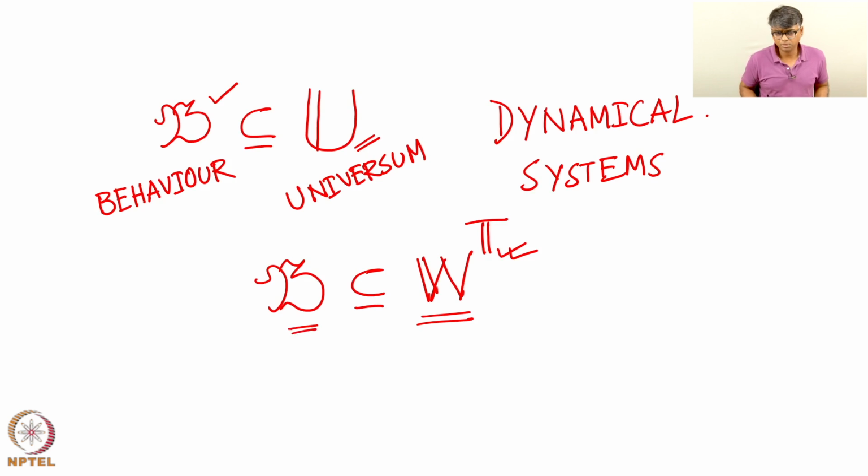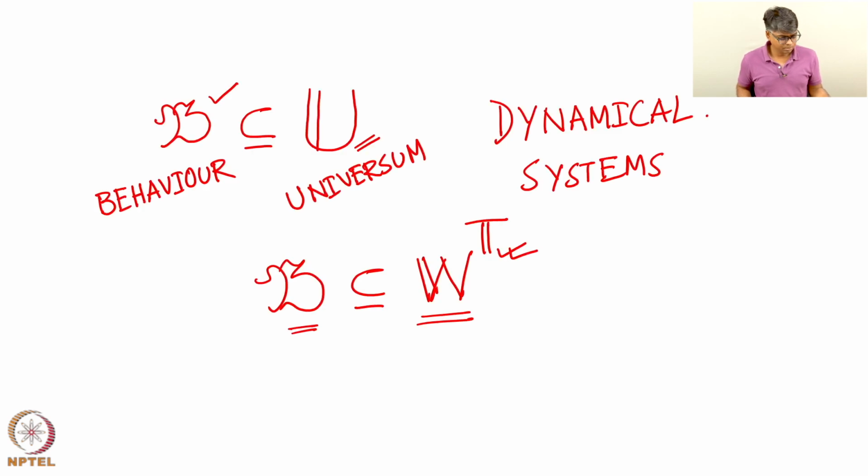We have seen a couple of examples of behaviors of dynamical systems, namely electrical circuit and planetary motion.